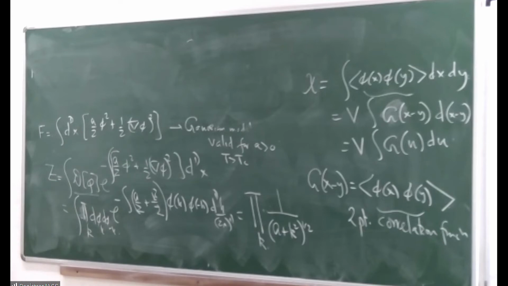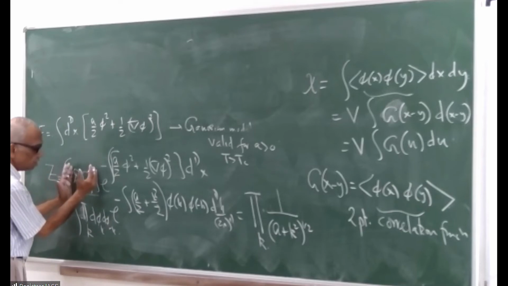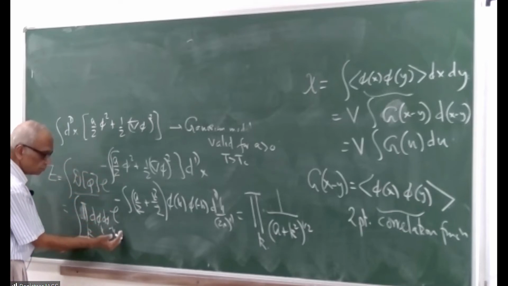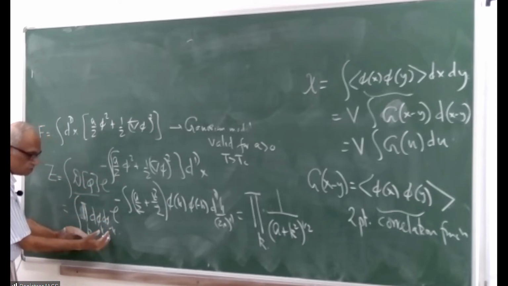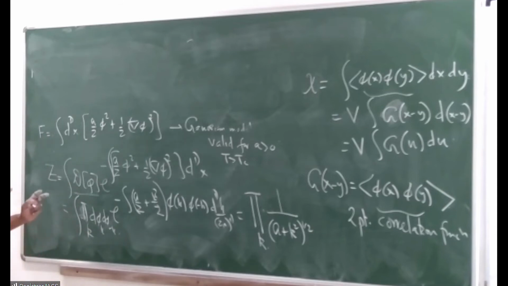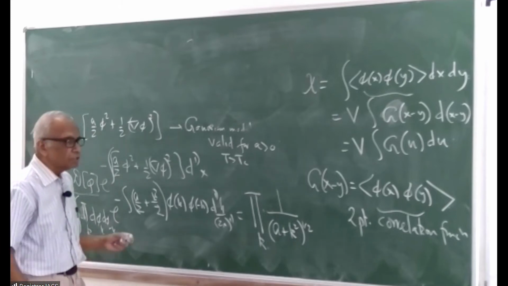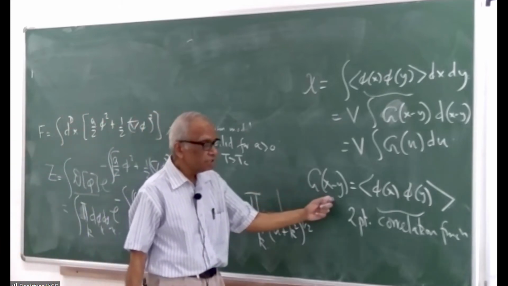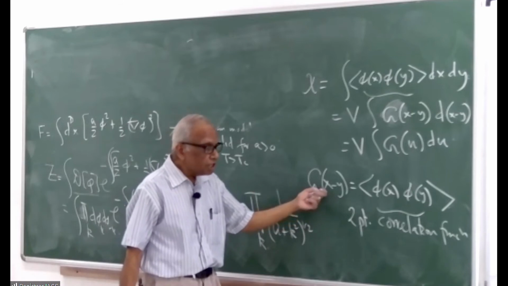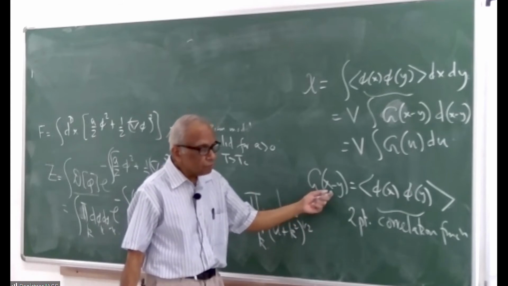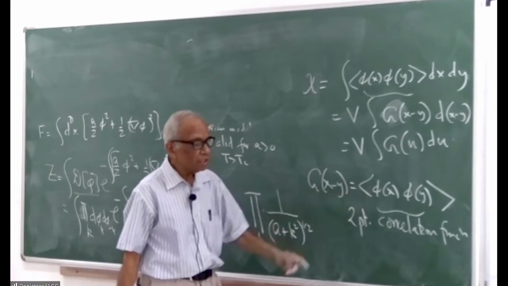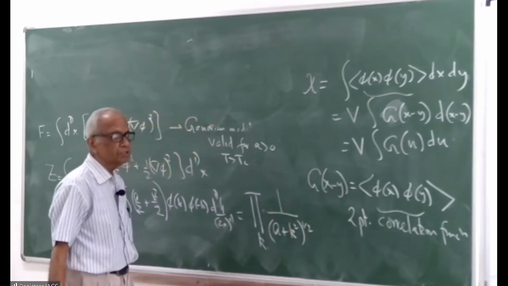So I know the prescription, the meaning of this in terms of the Fourier space. Therefore, all calculations would be preferentially done in Fourier space. So instead of looking at this, one would like to look at what it is in the Fourier space.